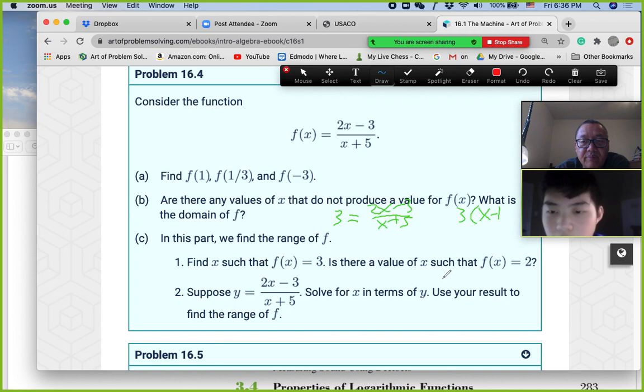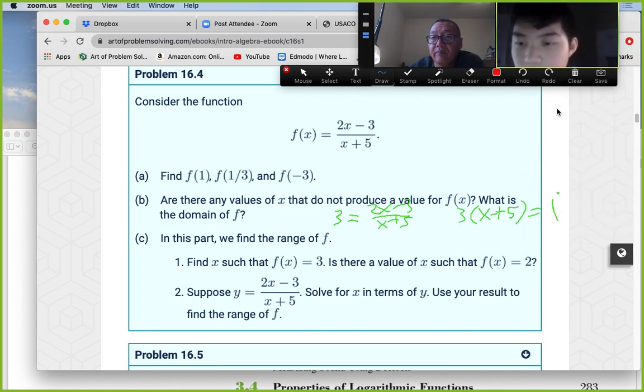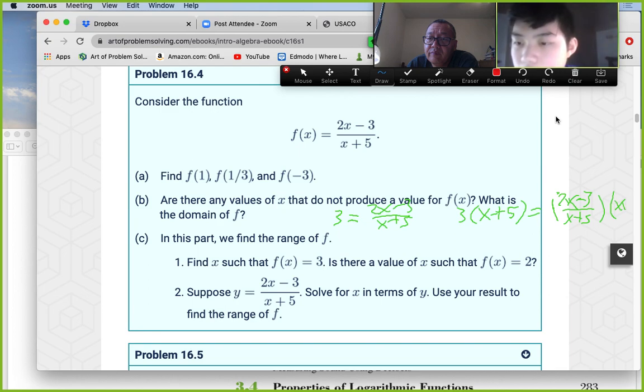Then minus, and then times that, so they cancel.